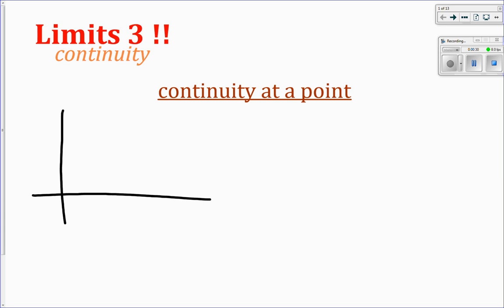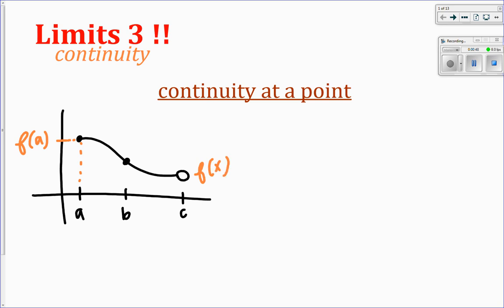Let's say I have a function that looks like this, where this is some A, this is some B point, and this is C. That means this is f of A. This is a function f of x, we'll name it.